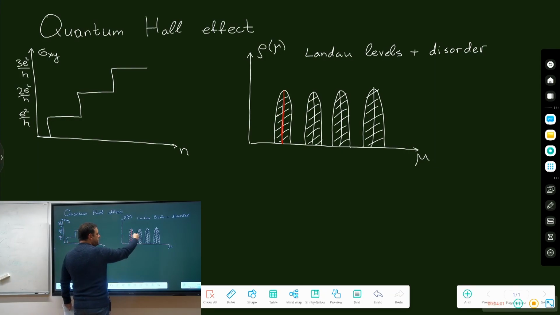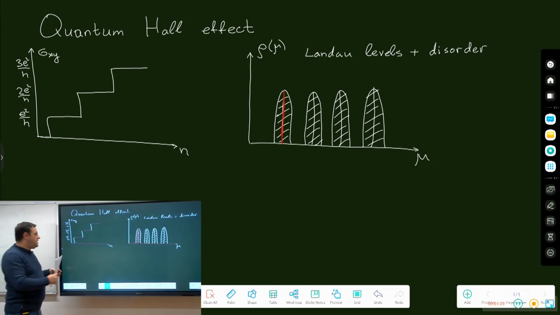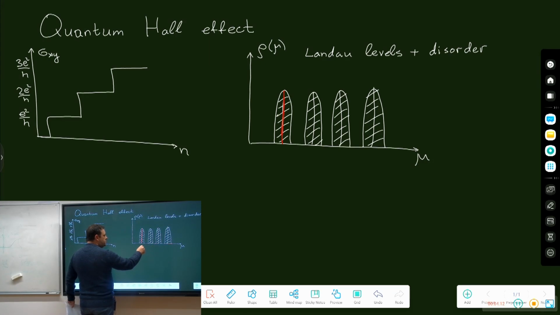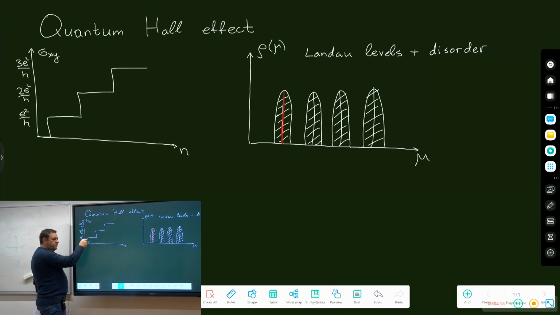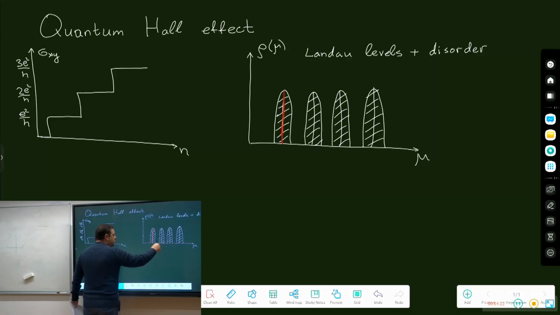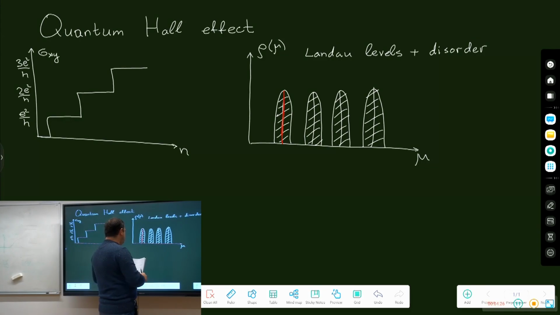So as you fill this spectrum with electrons, you increase the concentration, you first fill localized levels and conductivity does not change. And then as you reach this center of the Landau level and you fill this specific single state in the middle, you have the jump. And then you continue filling all the localized states and sigma xy does not change.